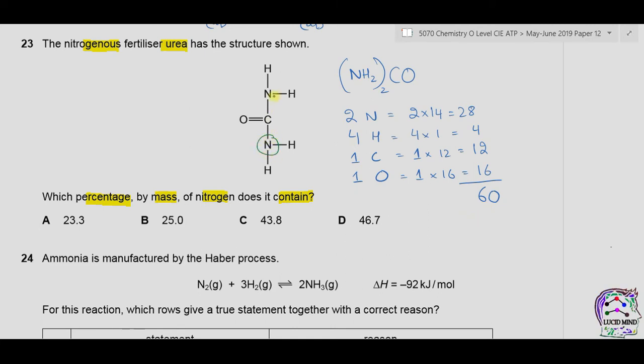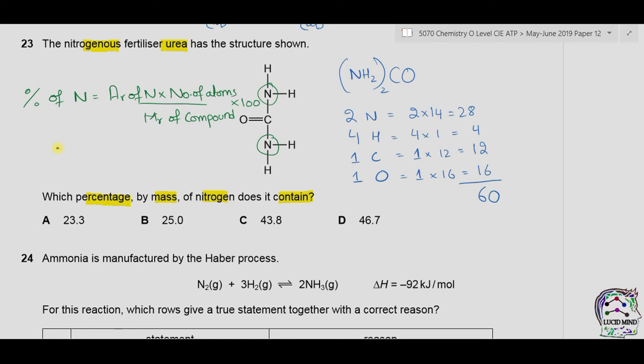Now as we have 2 nitrogen atoms present in 1 mole of urea, we can find the percentage of nitrogen, which is equal to the atomic mass of nitrogen times its number of atoms, divided by the molecular mass of the compound, times 100.